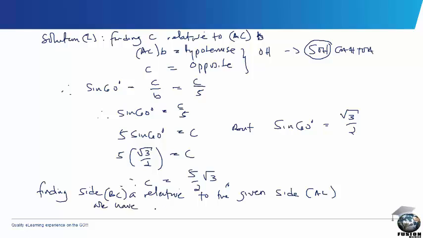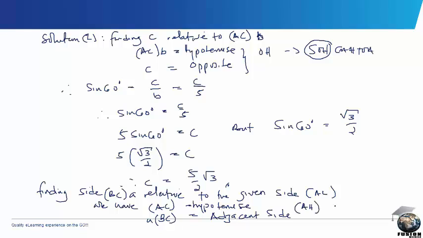We have that AC is a hypotenuse side, and then we have that BC, which is also A, is an adjacent side. Okay, so we have adjacent and hypotenuse, and the only relationship that works out there is the CAH.